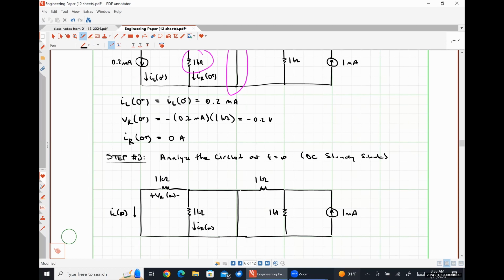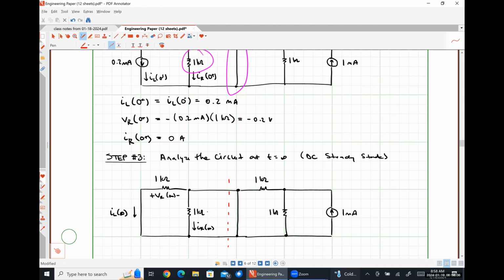So I truly believe that all of our quantities of interest in this case are going to wind up being zero. Let's explain why. Everything to the left of that dashed red line is in parallel with a short circuit.